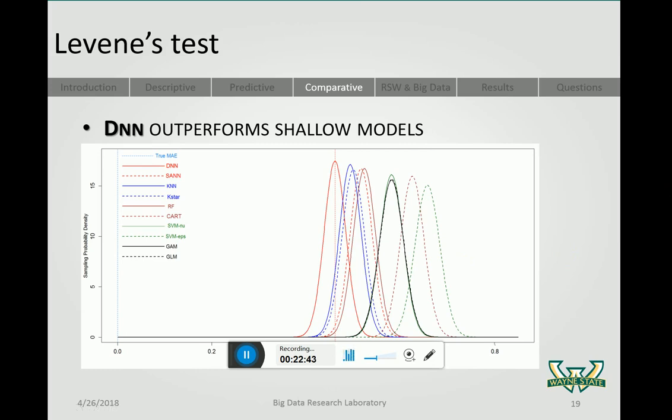Also, we can observe that lazy models like k-nearest neighbors and K-star are followed by other models like random forest, and the top 3 best performing models can be ranked as follows. DNN is the first, then k-nearest neighbor has the second top performance, and K-star has the third top performance.